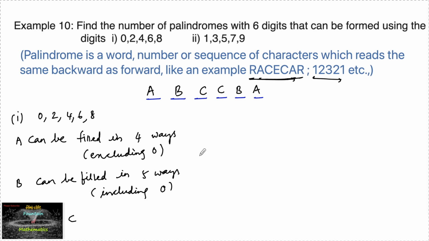And now C, the third place. C can again be 0, or 2 or 4 or 6 or 8, anything can be placed. The digits can be repeated also. So C also can be filled in 5 ways including 0.